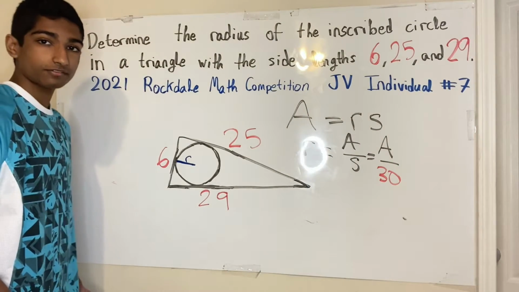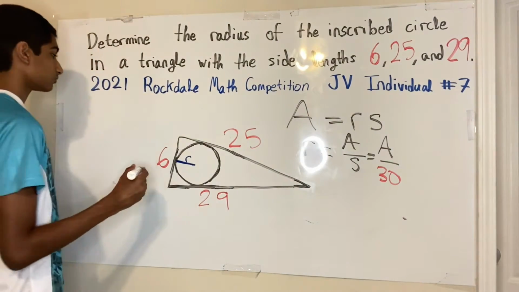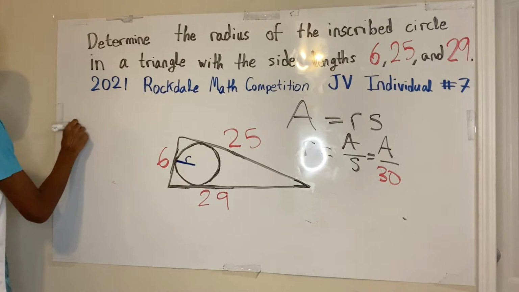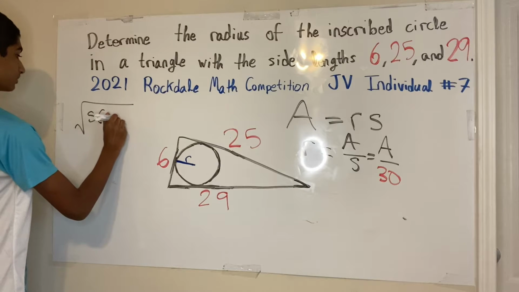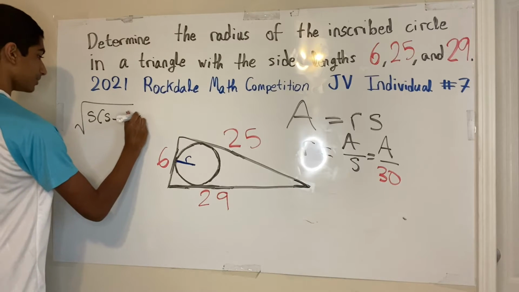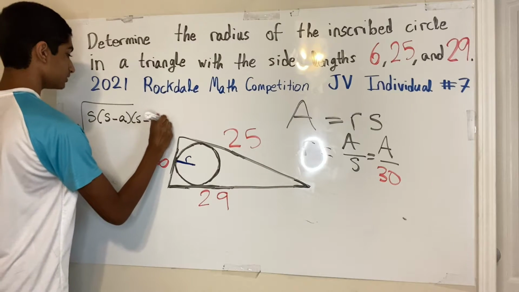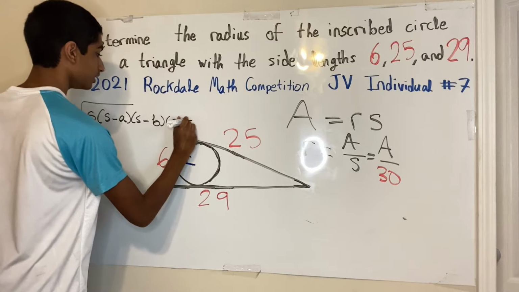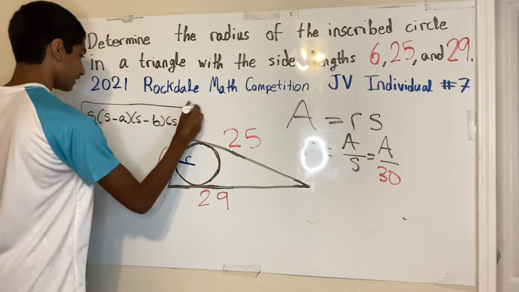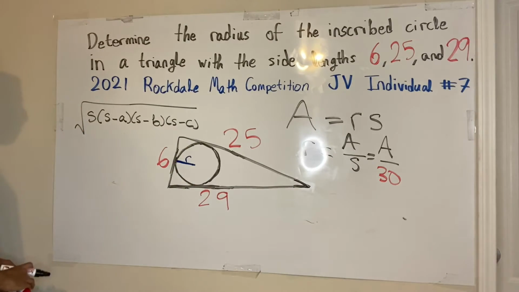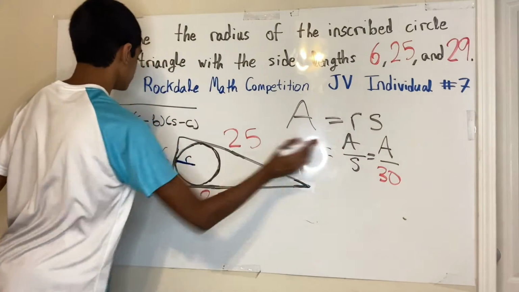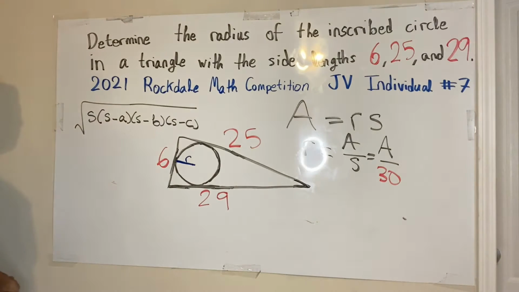And to find the area of this triangle, we just have to use Heron's formula, which is the square root of the semi-perimeter times the semi-perimeter minus a, the semi-perimeter minus b, and the semi-perimeter minus c. So the semi-perimeter times itself minus all the sides. So now that we have the semi-perimeter is 30, we just plug that in.